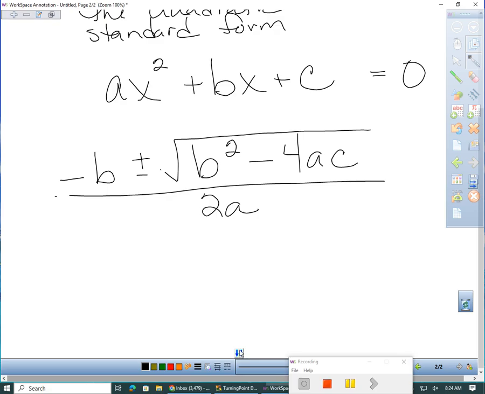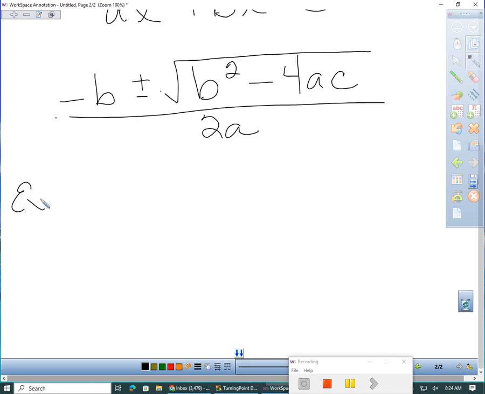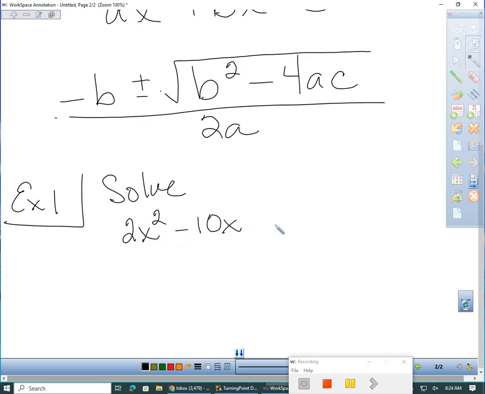So, example number 1. I'm going to ask you to solve, and let's start with something really easy. How about 2x squared minus 10x plus 12 equals 0.